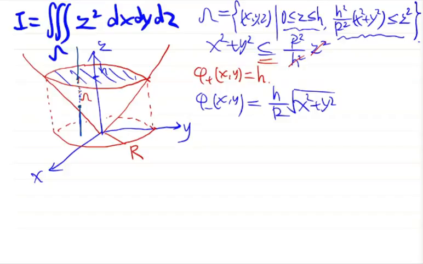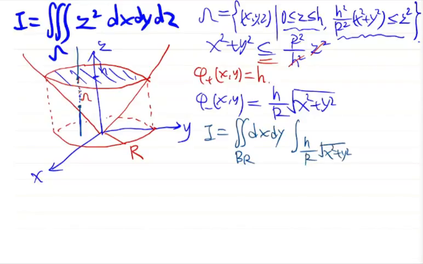Therefore, by the theorem we just proved, our I will equal the integral over U, our disk in the xy plane of radius r, and then the inside integral is a definite integral from the lower boundary h over r times the square root of x squared plus y squared to the upper boundary, that is phi plus, that is h.